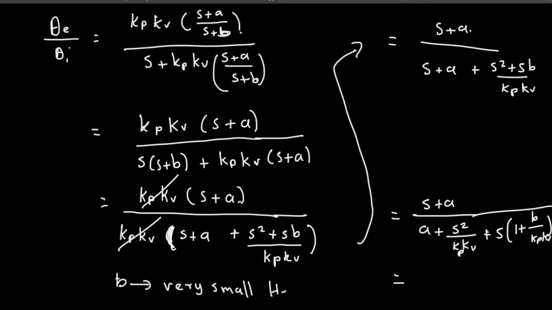Hence this part, 1 plus b over kpkv, should be approximately 1, because we are dividing a very small number by a constant value. It can be bigger or whatever, but it's reaching 0. It's almost 0.